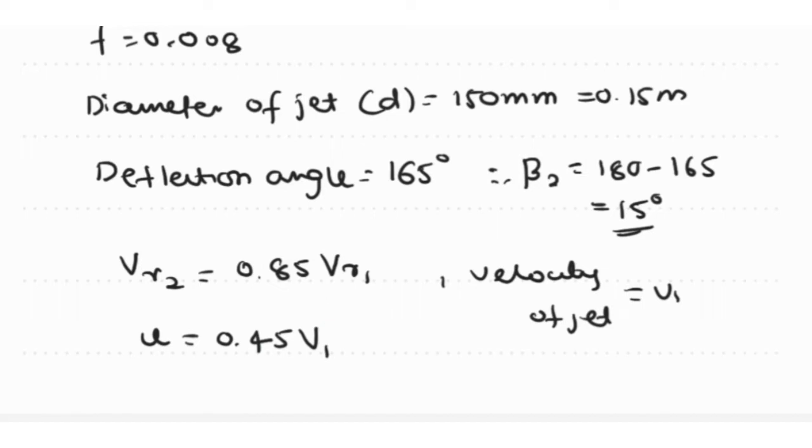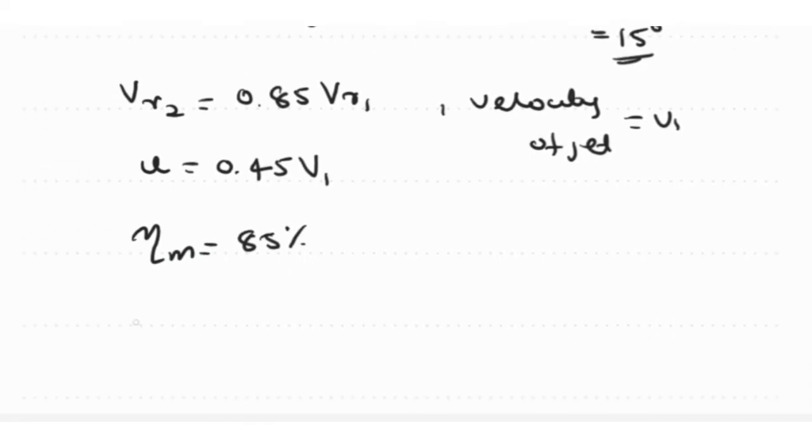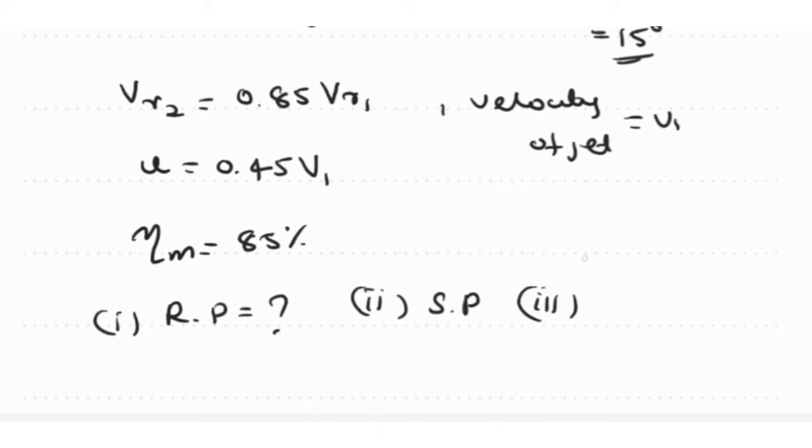And at the end they have given mechanical efficiency, so eta m is 85 percentage. We have to calculate, first one is runner power, second is shaft power, and third one is hydraulic efficiency and overall efficiency.